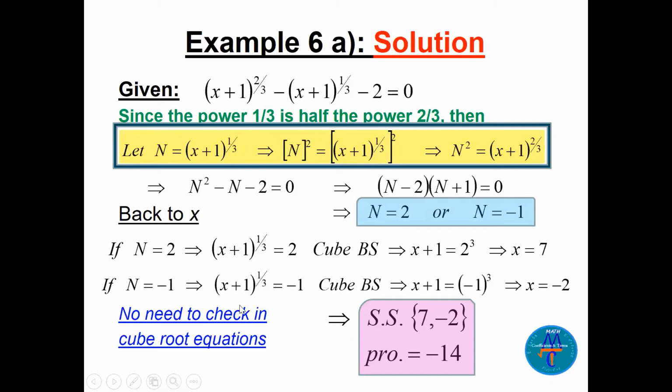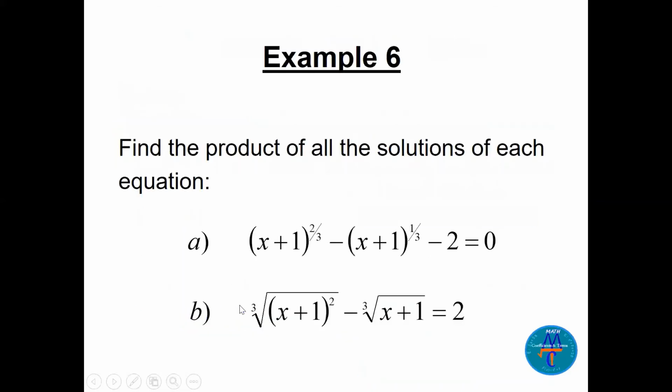No need to check. Now we want to take a minute to try the second one. We have the cube root of (x plus 1), all squared, minus the cube root of (x plus 1), is equal to 2. If you look closely, I think you notice something: this equation is exactly this equation, just in a different form.